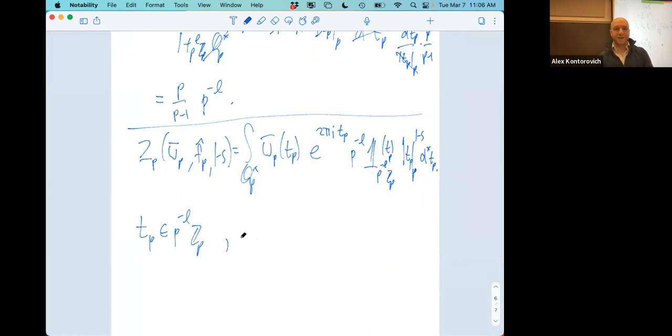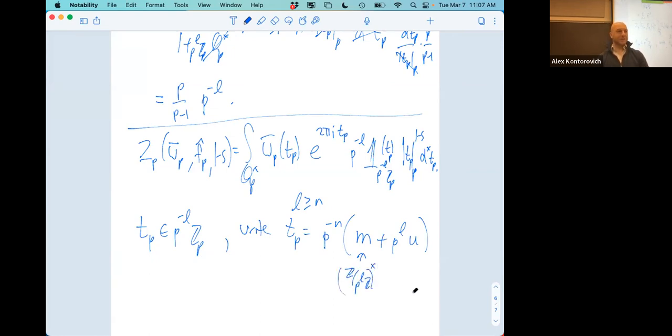So let's write t_P as P to the minus N times a number that's in Z_P cross, where N is at most L. I want to decompose that number in Z_P cross as the first bunch of terms plus P to the L times the rest of the terms. So M is in the finite set Z mod P to the L Z cross, and U is in Z_P.